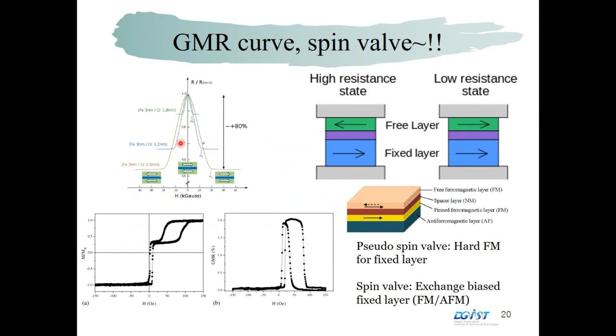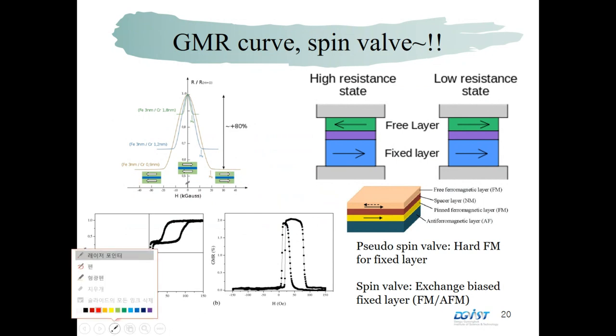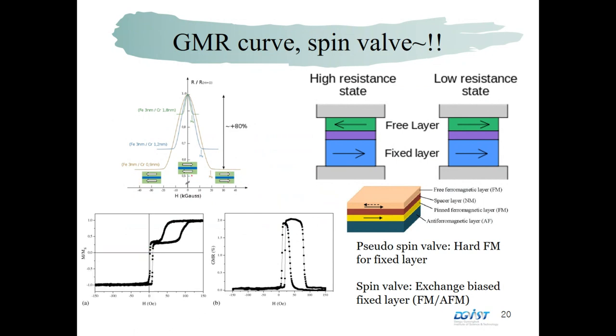The first type is here. Here, the two ferromagnetic layers are anti-parallel at zero field, but they are parallel at high field and in the opposite negative direction with the negative field.